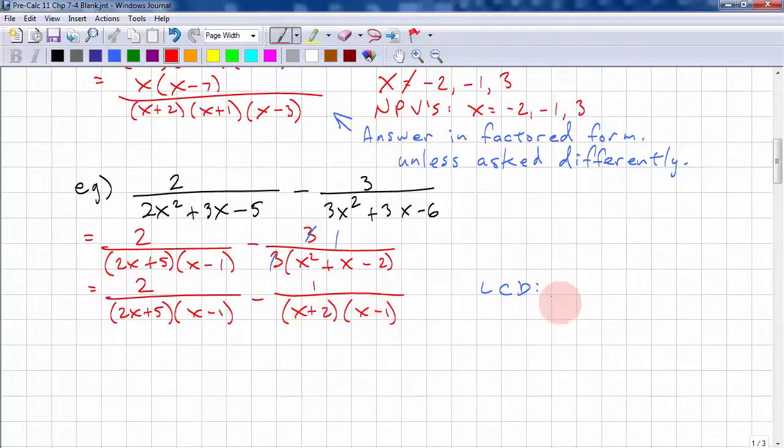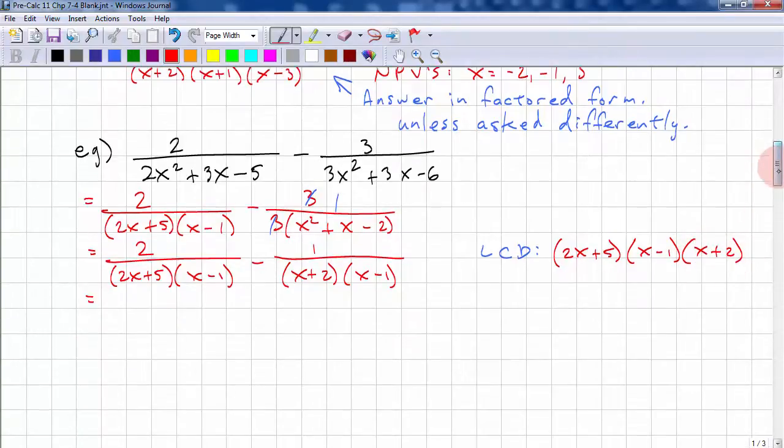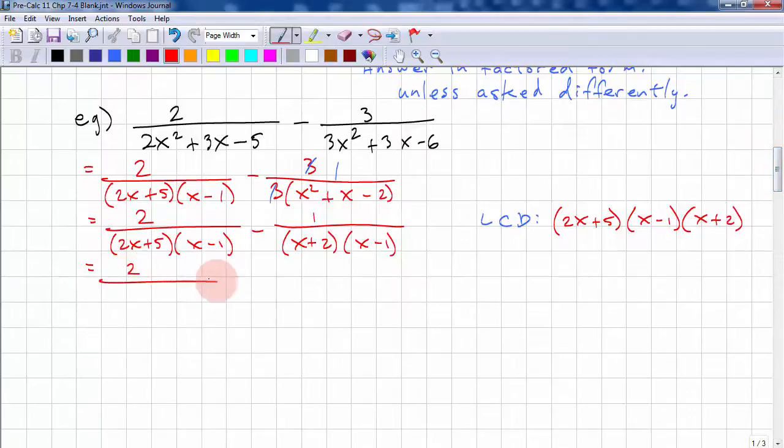So our lowest common denominator is 2x plus 5, x minus 1. They both have x minus 1, so we don't need to write it down again, and x plus 2. And we just copy down the same thing, 2x plus 5, x minus 1.